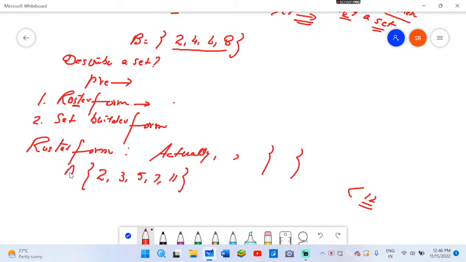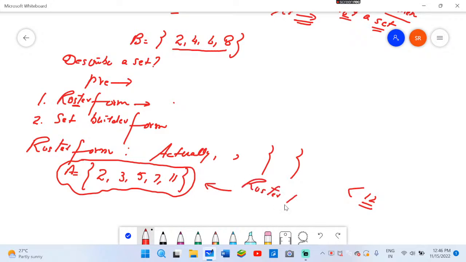This set A is the set of all prime numbers less than 12. The way we have presented it, this form is called roster form.